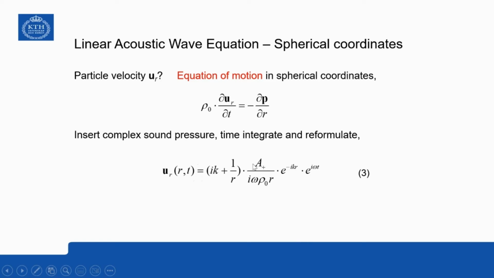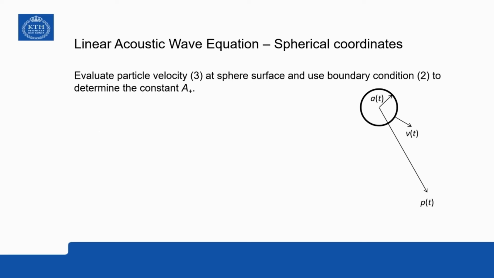And as you can see here we have the unknown coefficient A plus. And now we can insert this into the boundary condition. So we can replace r here with a0, the radius of the sphere, and set this equal to v, the known velocity at the sphere surface.